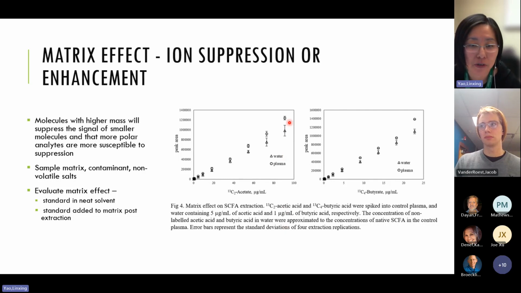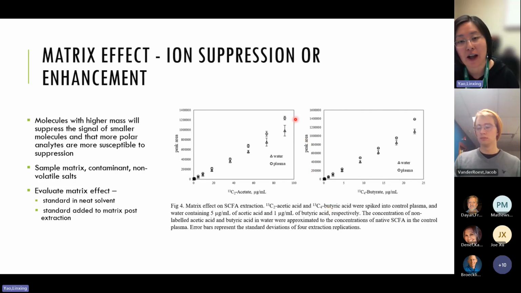The circle series in both charts represent the analytes in plasma sample, and the triangle series in this figure are the standards prepared in pure water. You can see we got a higher response in the sample matrix than in the neat solvent.